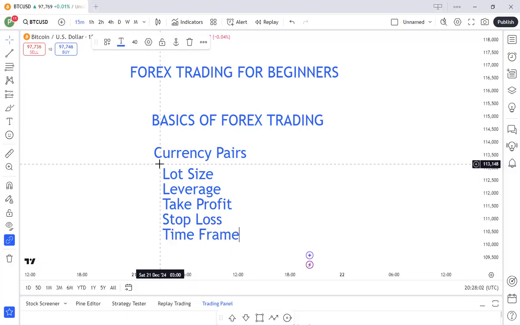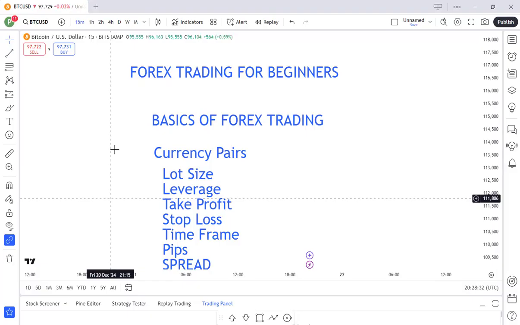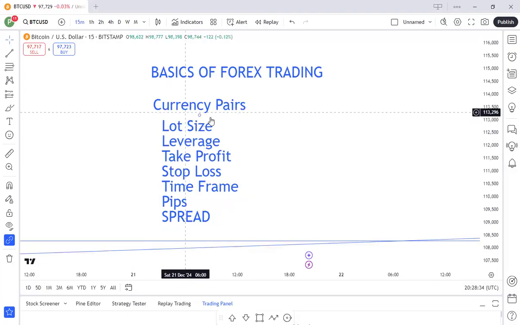We have the pips and the spread. So let's end here. These are the basics of forex trading.